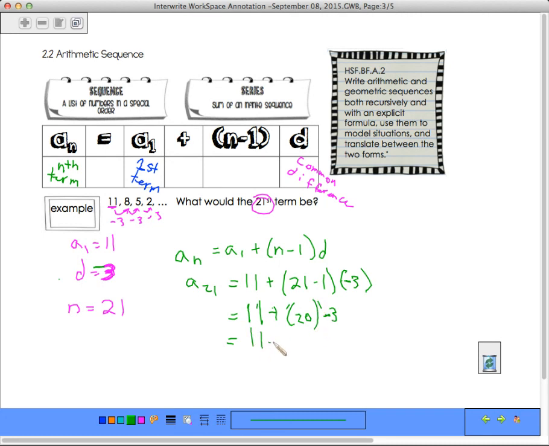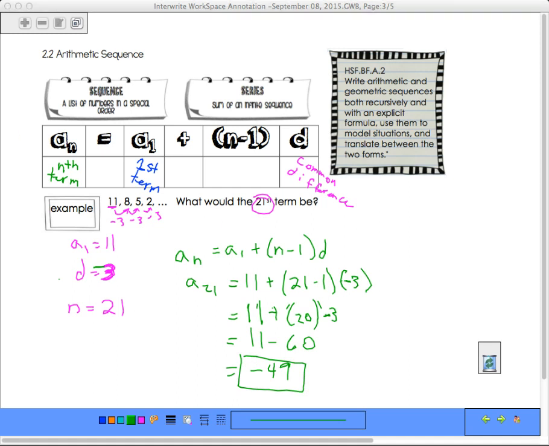So we have 11 minus 60, which is going to give us negative 49, which makes sense because it's going to continue to go down into the negative numbers. All right, so that's our answer. Our 21st term is negative 49.